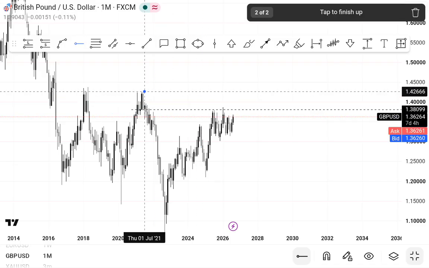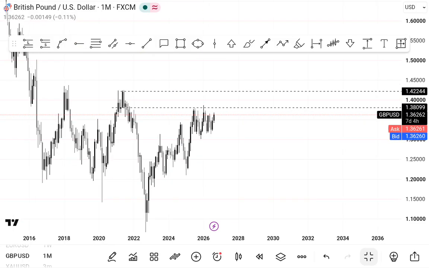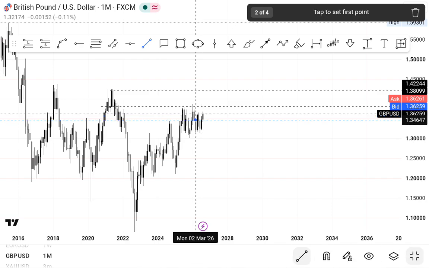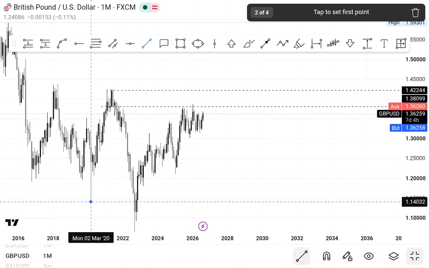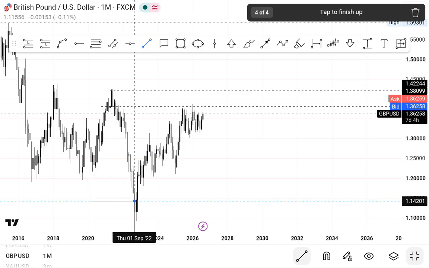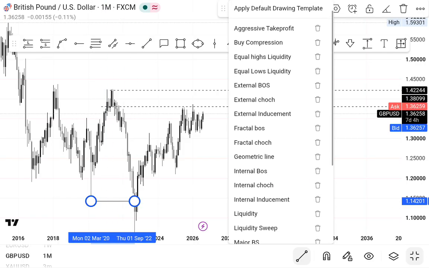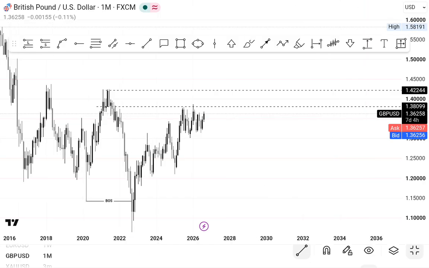Now if you look at this structure, we are already here. And you can see from our external time frame, which is a monthly, we previously had a major external break of structure.